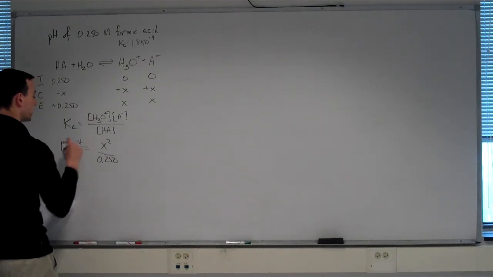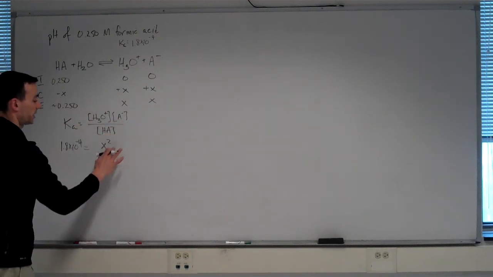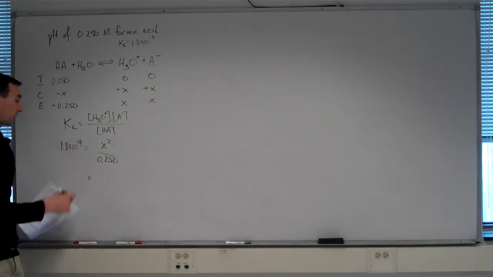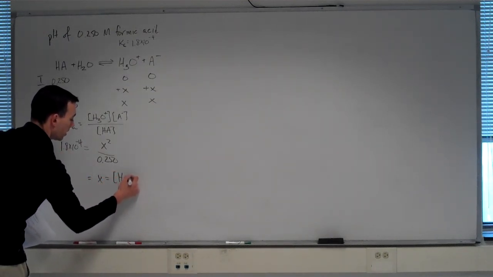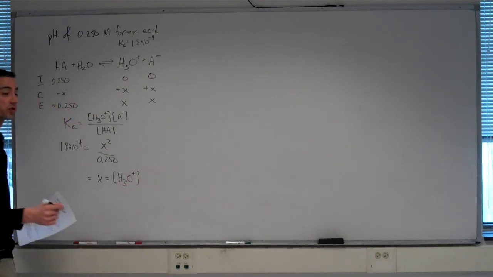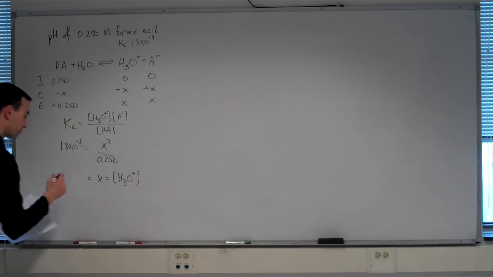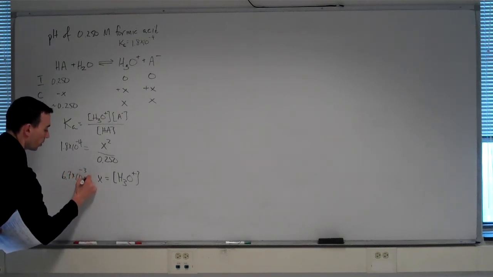So I plug in my Ka, 1.8 times 10 to the negative 4. x times x, x squared over 0.25. Multiply the 0.25 to the left, and x, which is importantly for this problem the concentration of hydronium ion at equilibrium, will be 6.7 times 10 to the negative 3 molar.